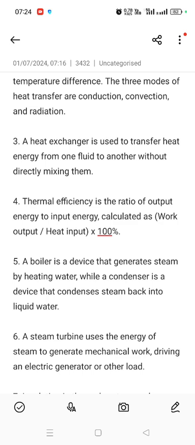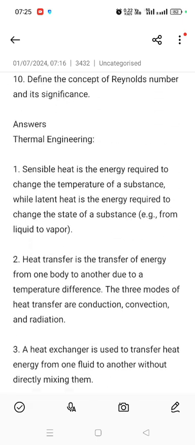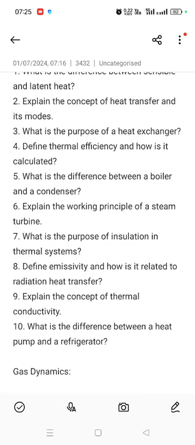A boiler is a mechanical device which generates steam and which follows the Indian Boiler Regulation Act, the IBR Act. Those devices are boilers. Not every steam generating device is a boiler. While a condenser is a device that condenses steam back into liquid water. Now, next question.